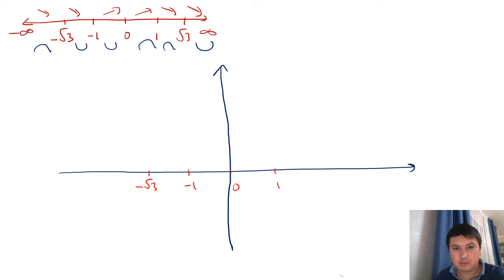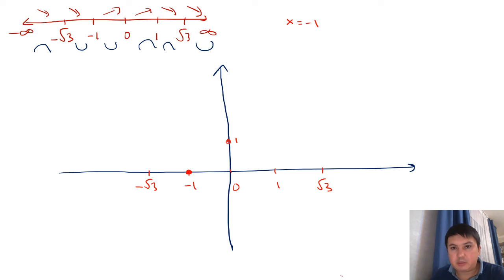Zero, 1, square root of 3. So for the intercepts, we know that the graph needs to intersect the x-axis at minus 1 and the y-axis at the point 1. So these are my intercepts. We know that minus 1 is a local minimum.